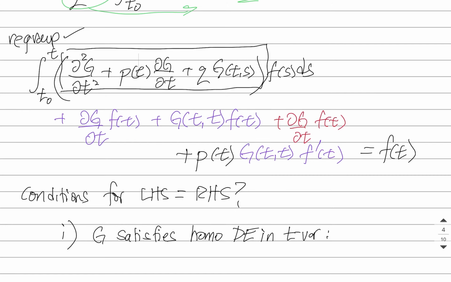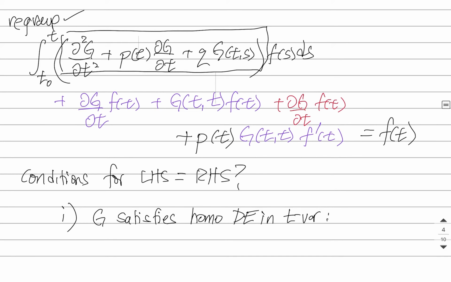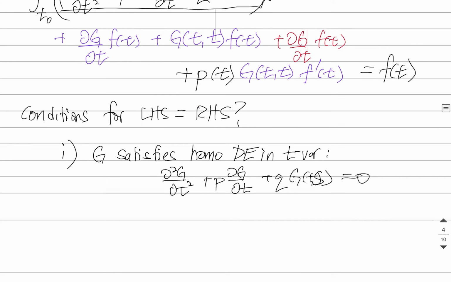So what I mean by that is I want this second derivative of g plus p dg/dt plus q g(t) to be equal to 0. So I'm trying to get rid of that integral term. And now here's where the color coding comes in.